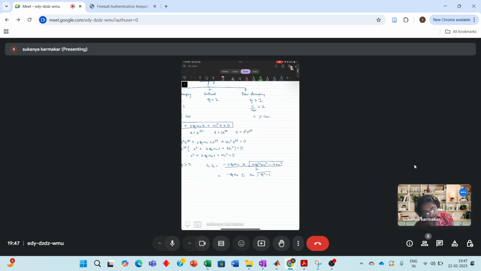Or let's take omega n common: omega n times minus zeta plus minus under root of zeta square minus 1.